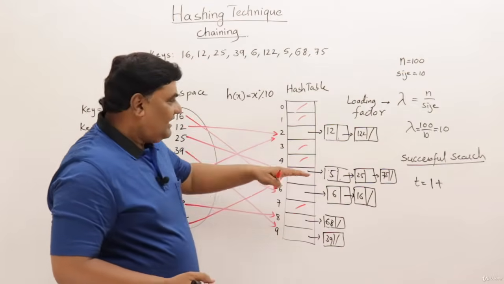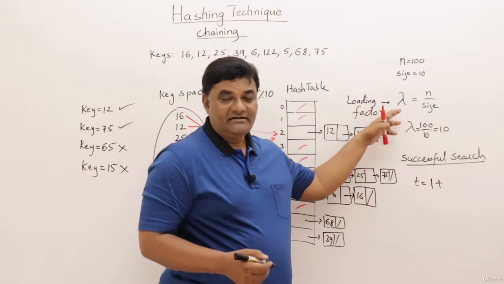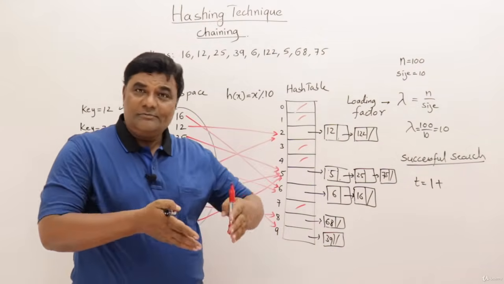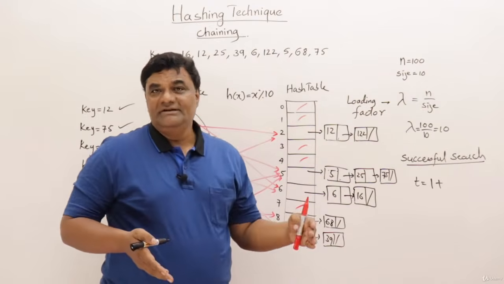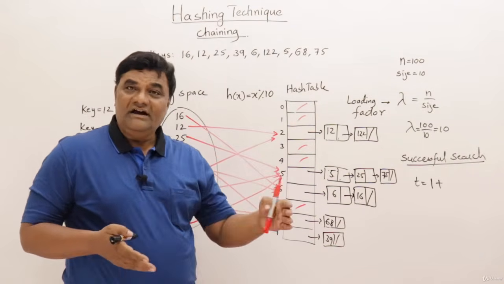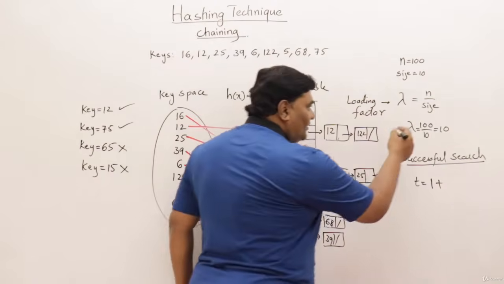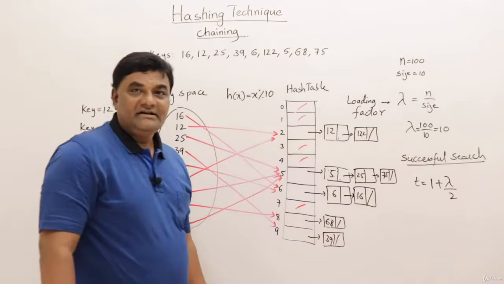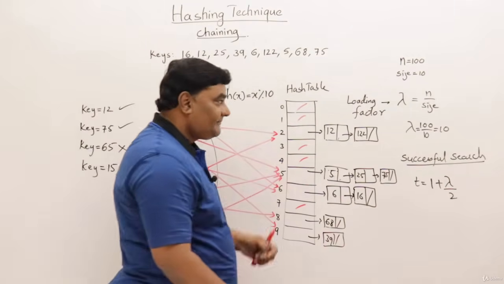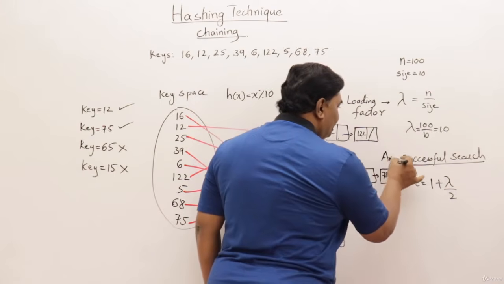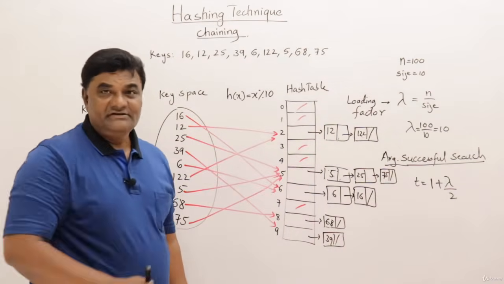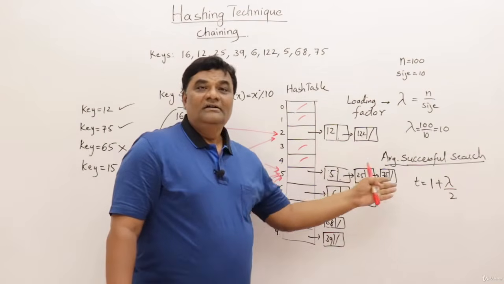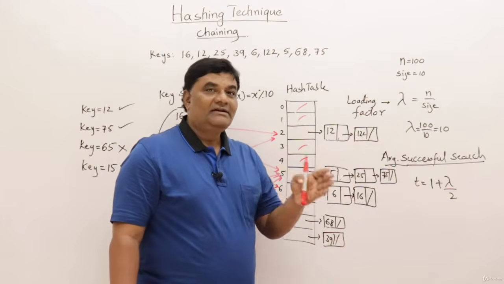Average time will be half of the loading factor. We are assuming that at each location 10 keys are there. For searching, the maximum is 10 comparisons, the minimum is just one comparison, and the average is half of it. Whatever lambda is, lambda by 2. So this is the average successful search time: 1 plus lambda by 2. 1 is for the hash function, lambda is the loading factor, and by 2 gives the average.